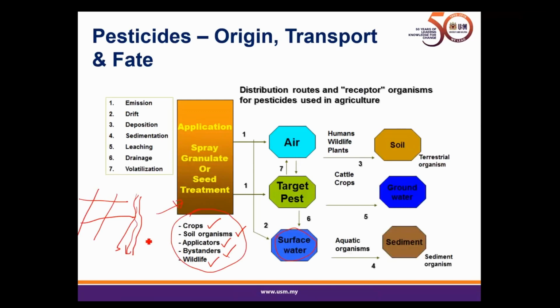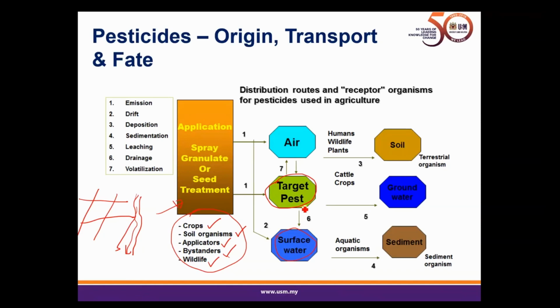So by emission through the air, the pesticide can enter the surface water. When we apply the pesticide, we are hoping that the chemicals go to the target pest. That is the main aim.